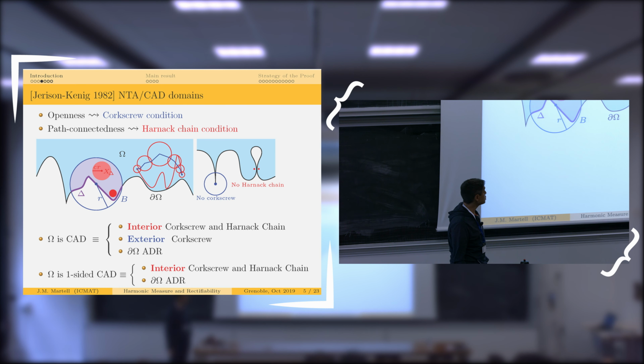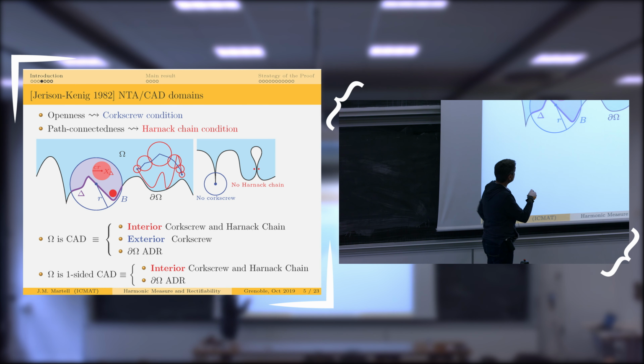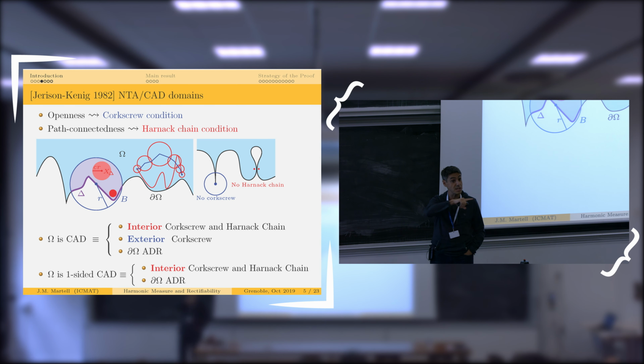And this is what is the corkscrew condition. The corkscrew condition says that there is some point, which is called the corkscrew point, and some constant so that I can put a ball inside of the same order. And again, this constant is uniform, so this happens everywhere. You can actually write this in a different way, which is equivalent: saying that the part of the ball that is inside the domain has comparable measure to the full ball.